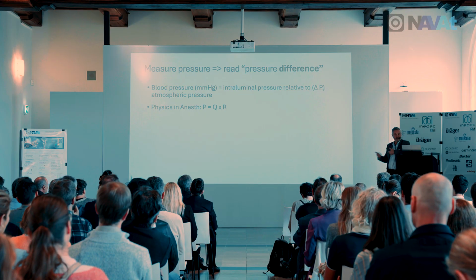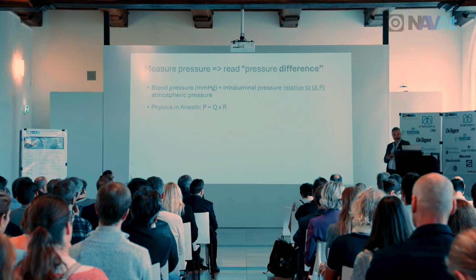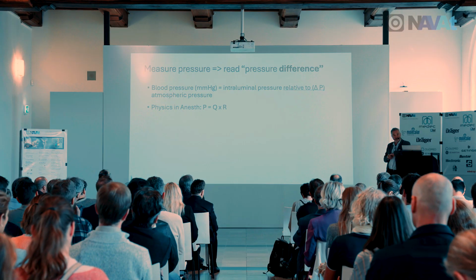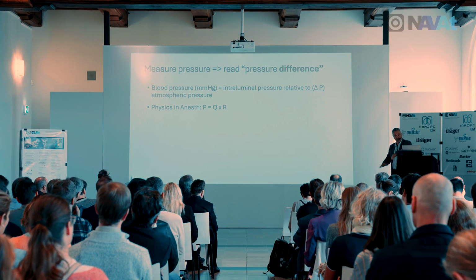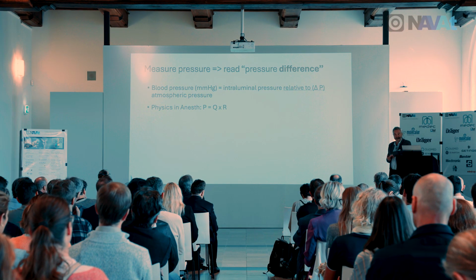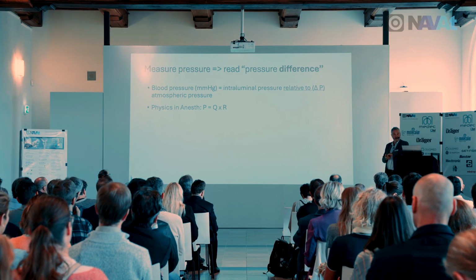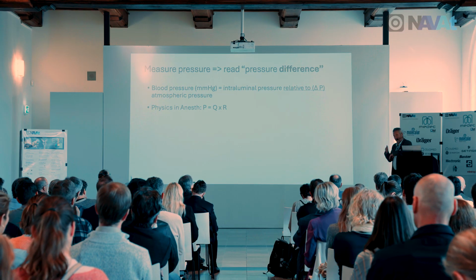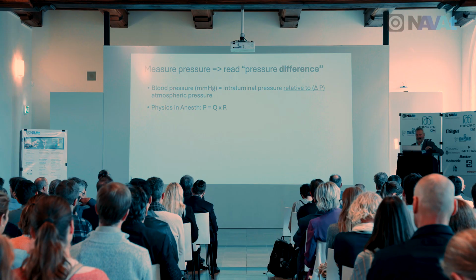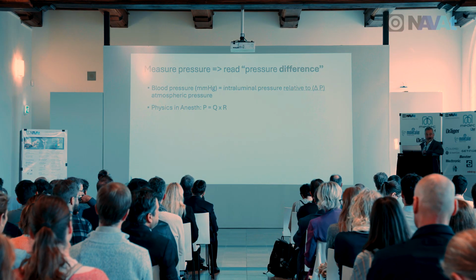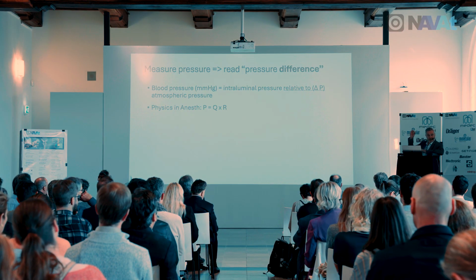If we measure blood pressure, that's always related to the atmospheric pressure. Whether we are high above sea level, or whether we are diving under the sea, the blood pressure that we measure will always be the same, because the principle relates it to the surrounding pressure in the atmosphere, although the absolute pressure will go down.